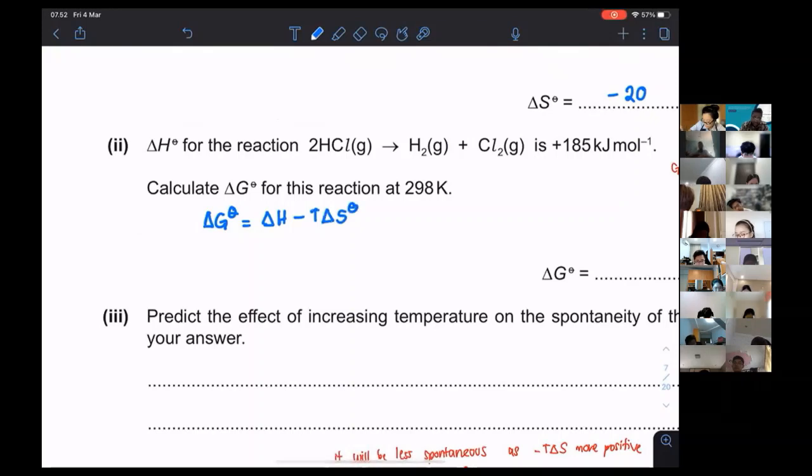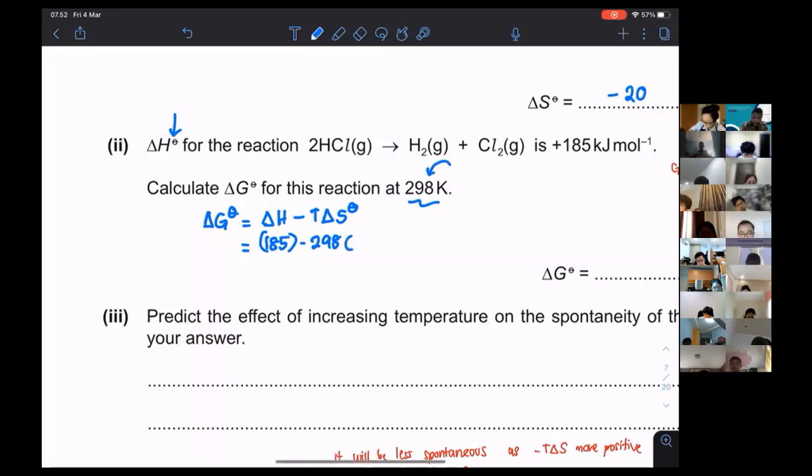So if you use this value, delta H is given 185, then minus T delta S. Sometimes they will not give you the temperature. As long as you see the standard condition, it's already 298. In this case they did give you, but if they don't give you, you still need to know it's 298.